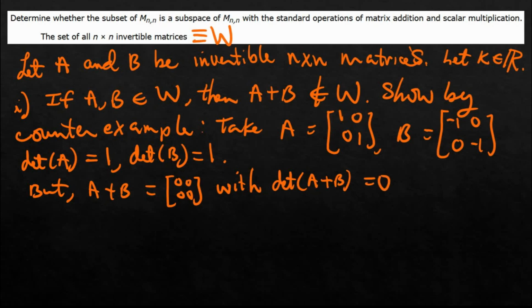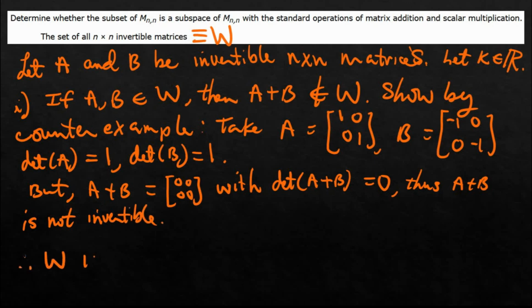Well, the Monster Theorem says that if the determinant is not equal to 0, then the matrix is invertible. Thus, A plus B is not invertible. Thus, you conclude that W is not a subspace.